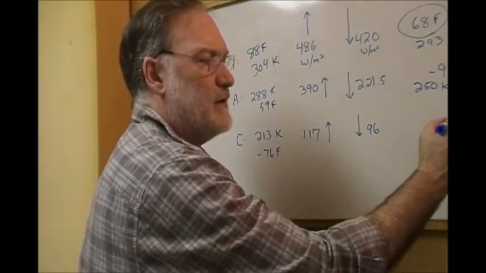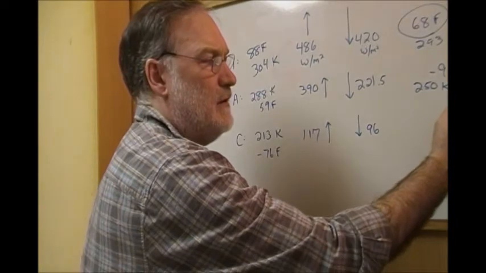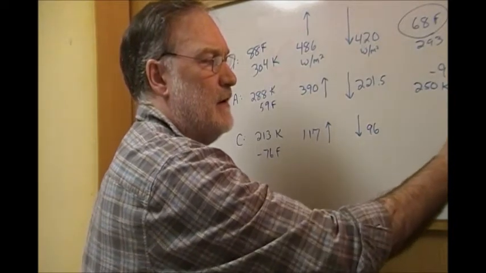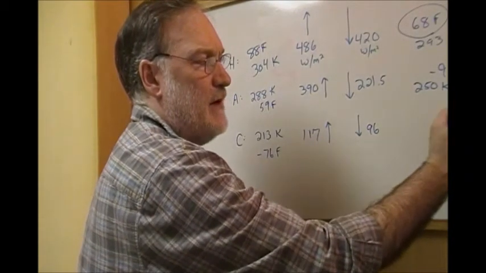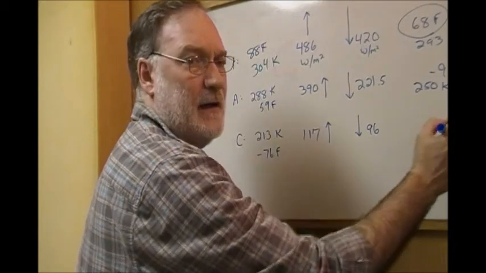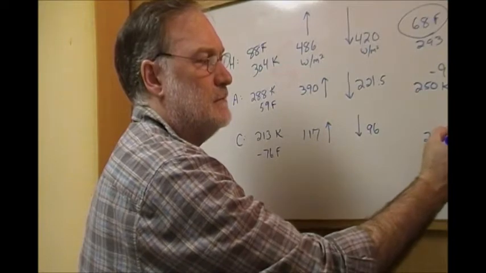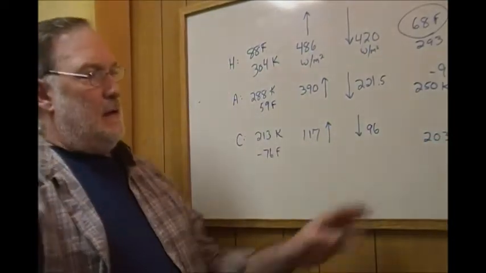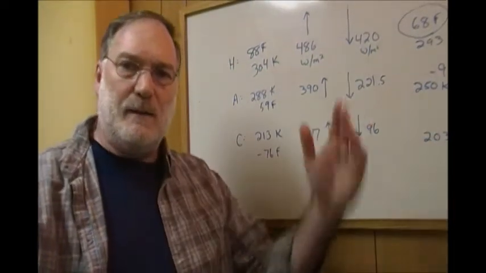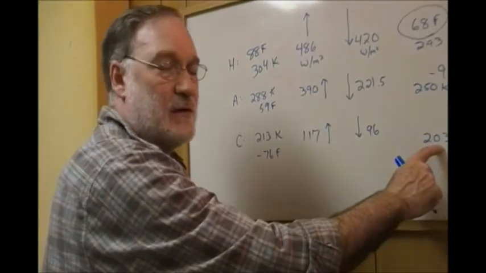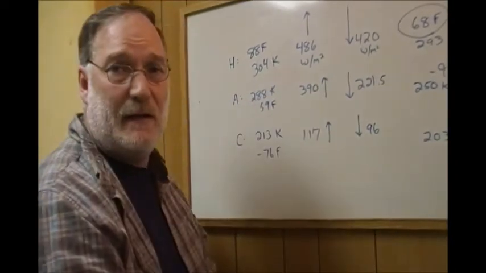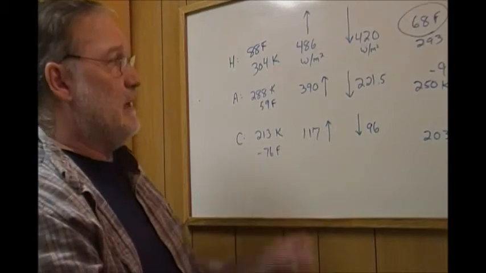And that corresponds to an air temperature above the South Pole of minus 94 Fahrenheit, or 203 Kelvin. And again, that's from the ground all the way up to space. The average temperature over the South Pole then is negative 94 at that location.